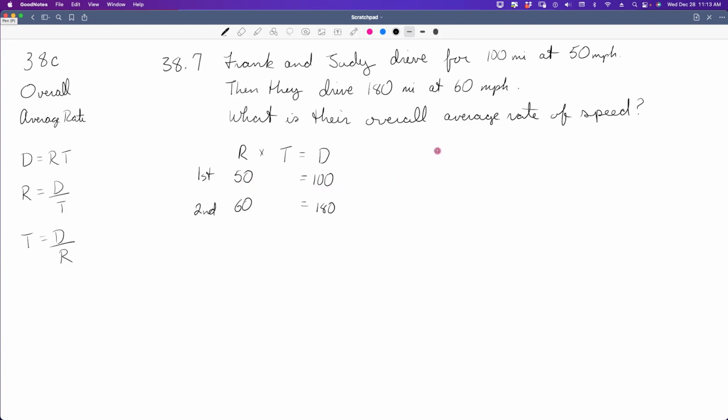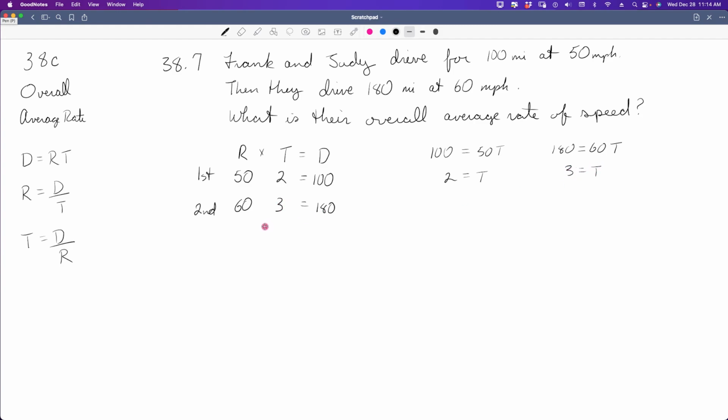So if distance equals rate times time, then 100 is equal to 50 times t. If I divide both sides by 50, then 2 is the time for the first trip, 2 hours. If I do the second leg of the trip, then I have 180 miles is equal to 60 times the amount of time they drove. If I divide both sides by 60, then I find out that the time was 3 hours.